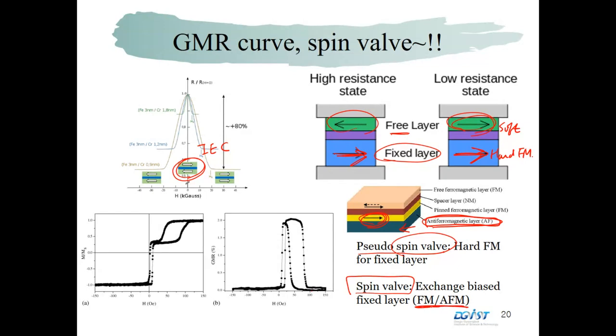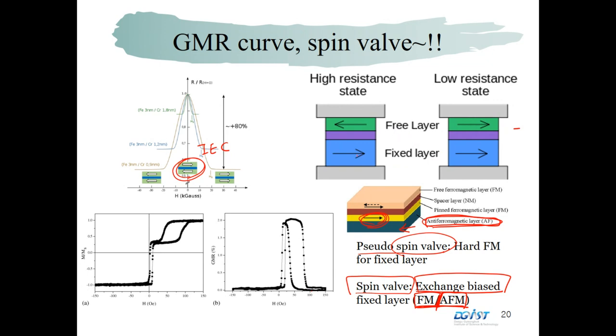So in this bilayer system, we have a new phenomenon called exchange bias. That's another important physics, but unfortunately we don't have enough time to explain it. Somehow it is very important in modern spintronics. Okay, so let's assume somehow we can fix one ferromagnetic layer while the other one is free.